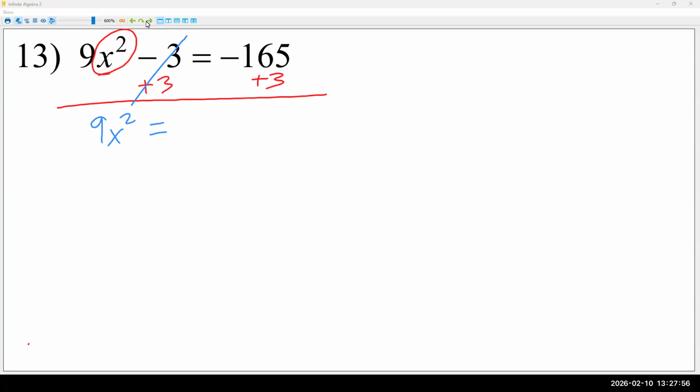That's going to give me -162. And then I need to divide both sides by 9. And so -162 divided by 9 is -18.